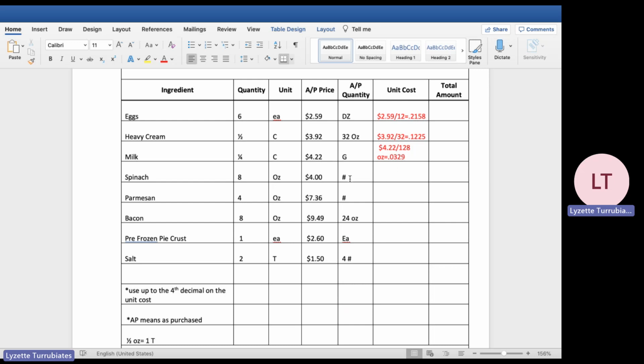Next, I know that in a pound, I'm going to be getting 16 ounces in a pound. So what I'm going to be doing is, again, taking my as purchased price and dividing it by 16 ounces. That's going to give me 0.25 per ounce.